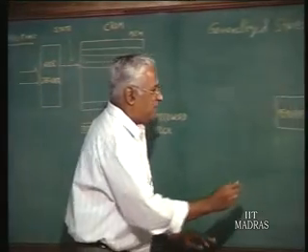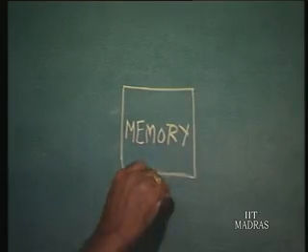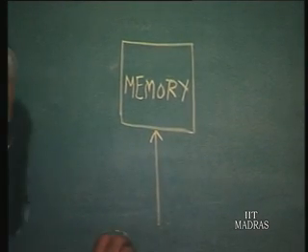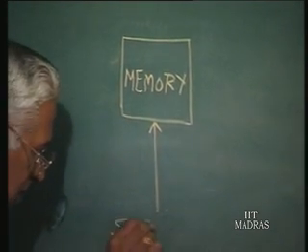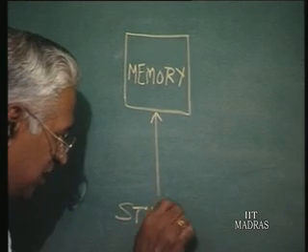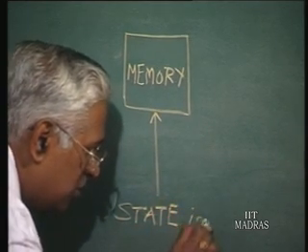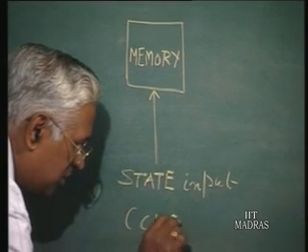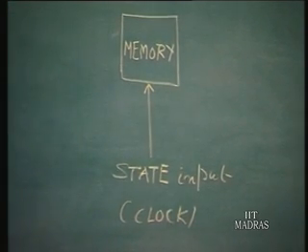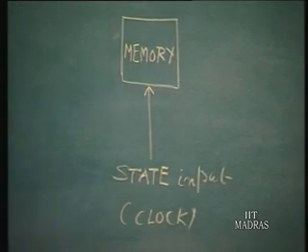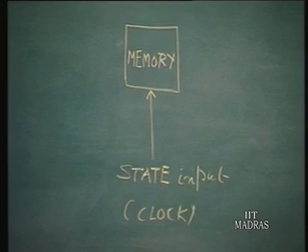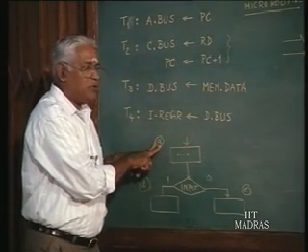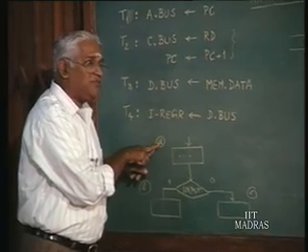So correspondingly the content of that memory will be changing. In other words, to the input of this memory there is a time input, which we may call a state input. Generally the clock of a system will be for that. Now what exactly is the state memory? The memory holds information about a state.